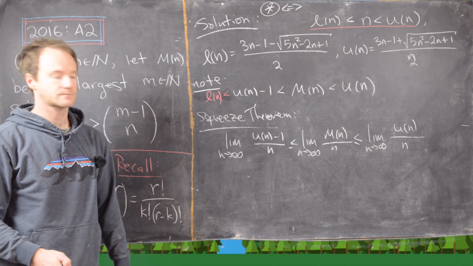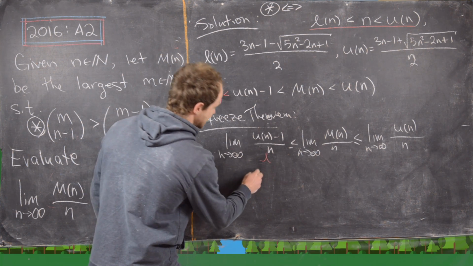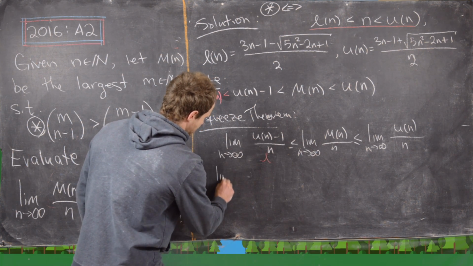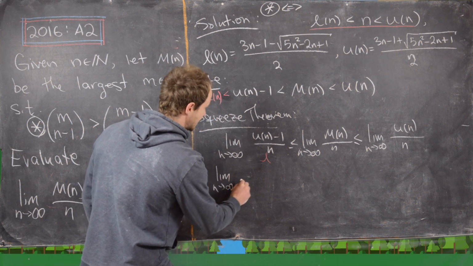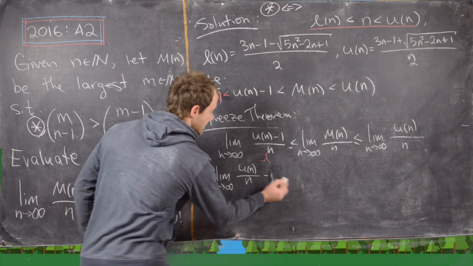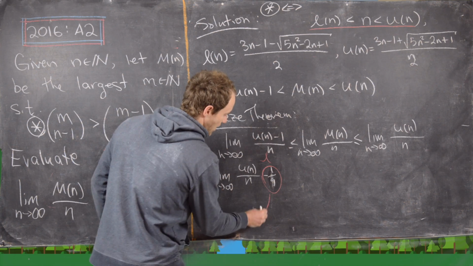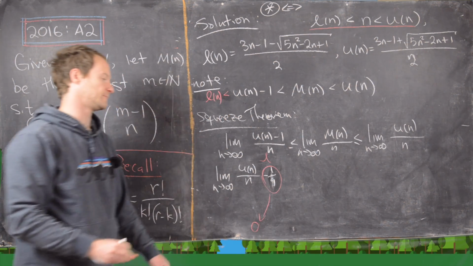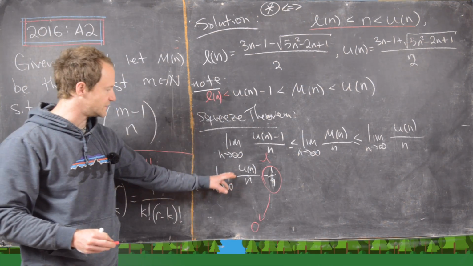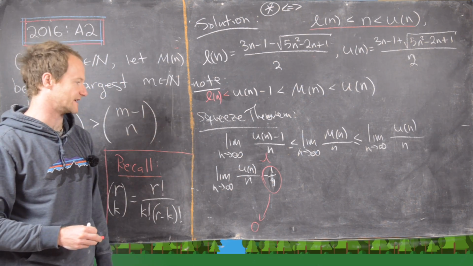Great. But now notice that the left side is just equal to the limit as n goes to infinity of u of n over n minus 1 over n. But this part clearly goes to 0. We're only really allowed to do this if the limit of u of n over n exists, but we will show that it exists.